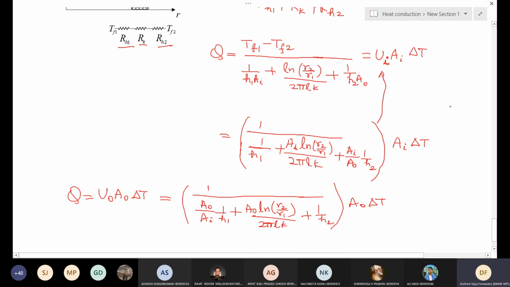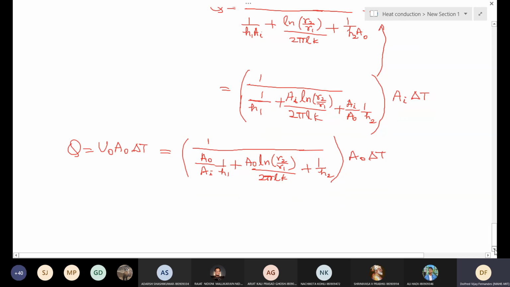So the overall heat transfer coefficient in the case of a cylindrical wall we can define either based on the inner wall area, inner side area, or outside area. So Q can be defined as Ui Ai delta T equal to Uo Ao delta T. This means we can write Ui Ai equal to Uo Ao.